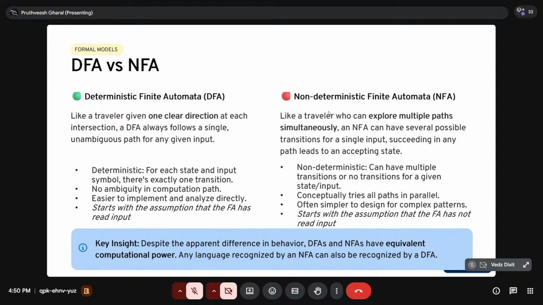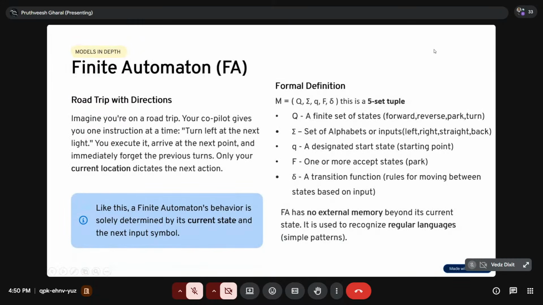Whenever we solve problems in the exam, they will either tell us to draw a deterministic finite automaton or a non-deterministic finite automaton. Okay, it is defined formally using these elements Q, sigma, Q naught, capital F, and delta.